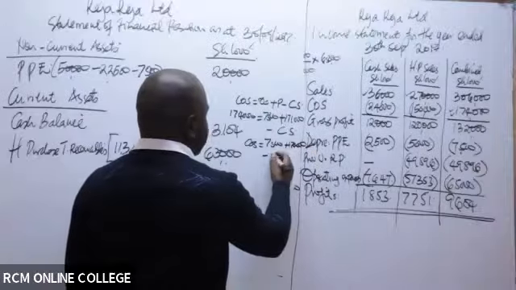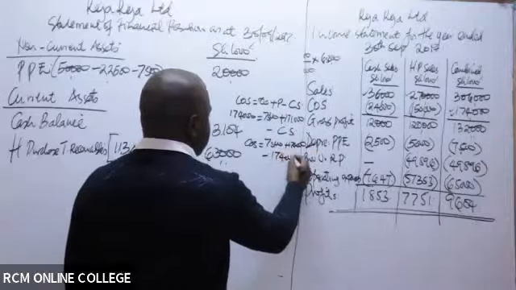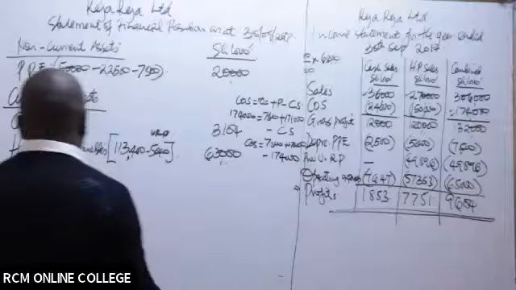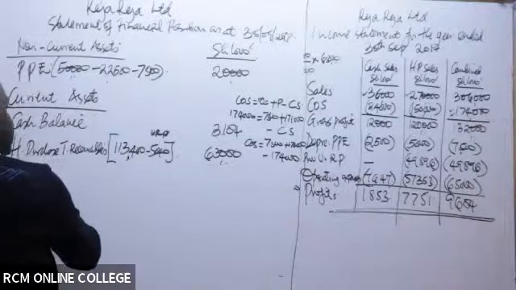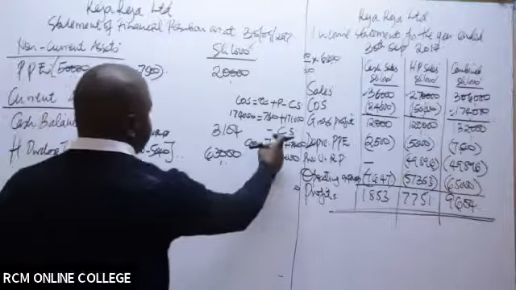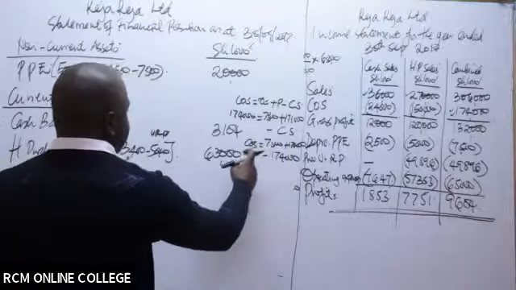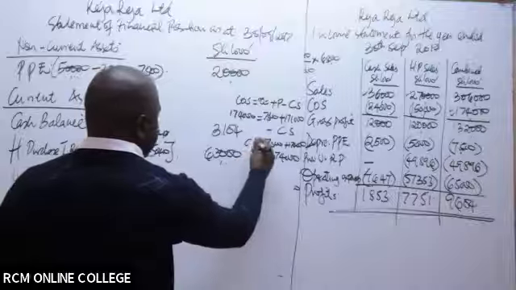It should give you the value of the inventory by the end of the year. So this is the closing stock that we are looking for, not the cost of sales.